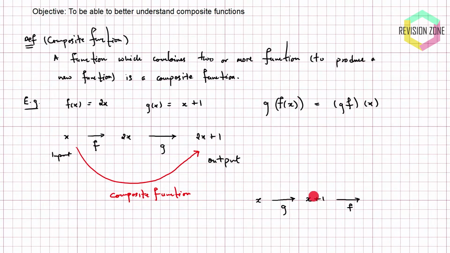So in this case, my input is x plus 1. So when I apply f to it, I'm going to get two lots of x plus 1. So perhaps I'll write it down like this. And of course, we can simplify that to say 2x plus 2. So again, we have the overall thing being our composite function.